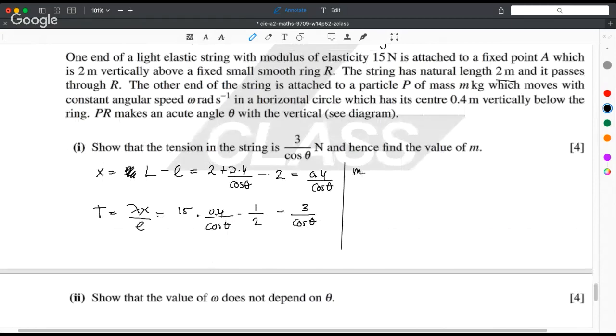So mg is equal to T cosine theta. We plug in our value of T, T cosine theta times 3 over cosine theta, so that's equal to 3. So the mass is equal to 3 on g, which is 0.3 kilograms.